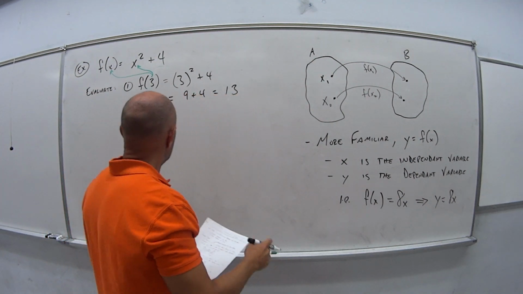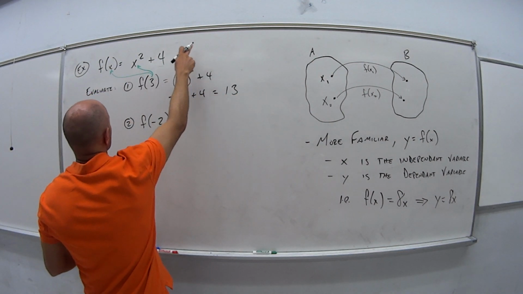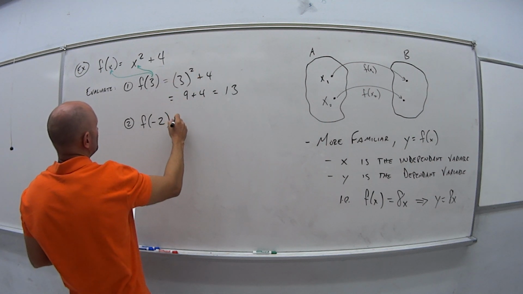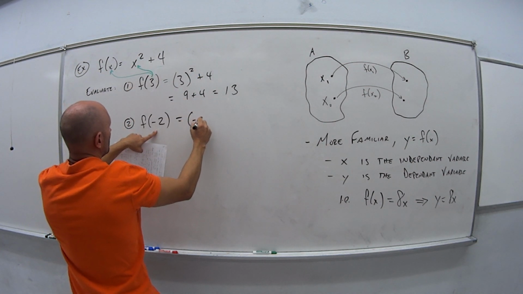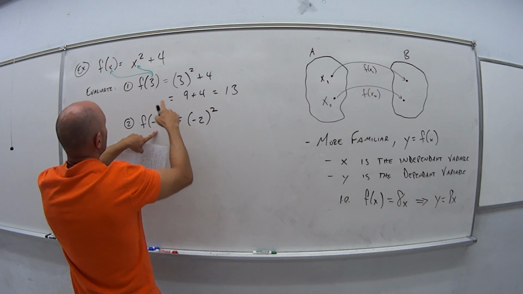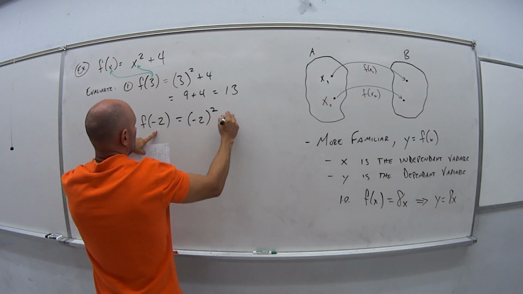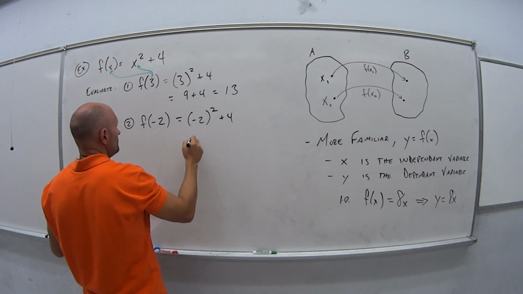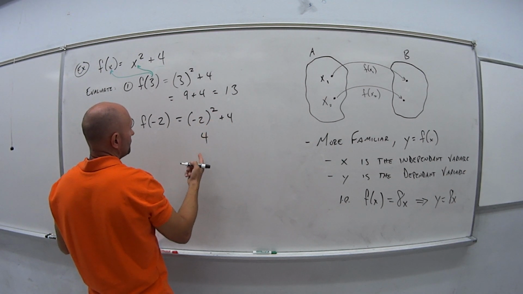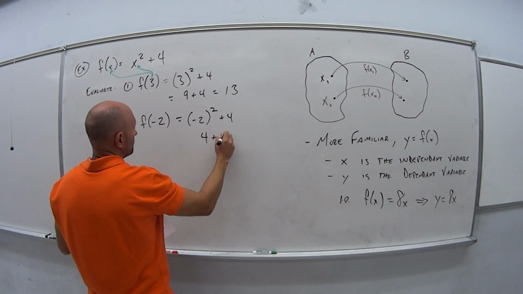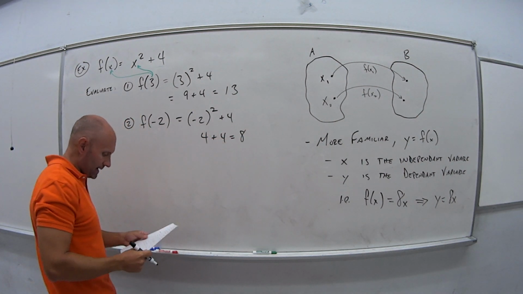Same idea. Wherever I have an x in the equation, I just put now a negative 2. So if I plug in negative 2, I have negative 2 squared plus 4, which is what? Negative 2 squared is positive 4. 4 plus 4 is 8.